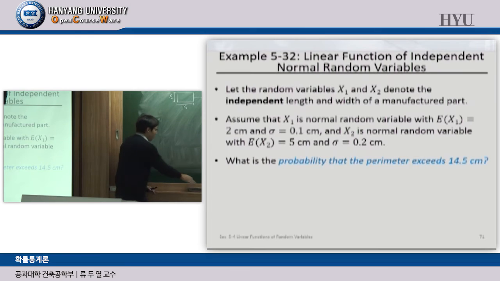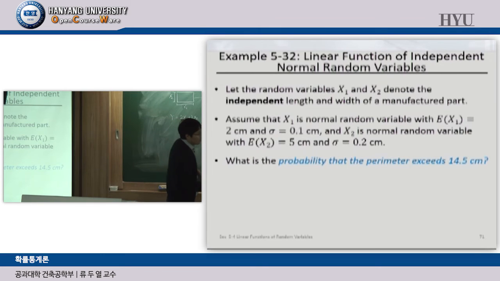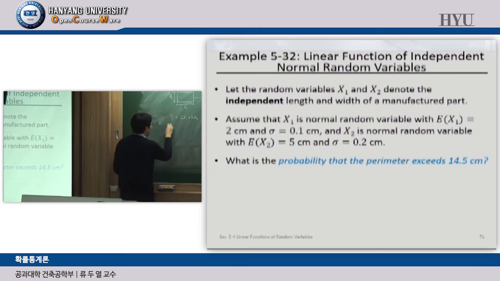For this case, what is the perimeter? We can say the perimeter is y. Y is equal to 2x1 plus 2x2. So the question is that the probability of y should be larger than 14.5.